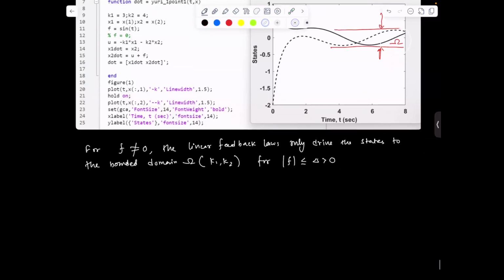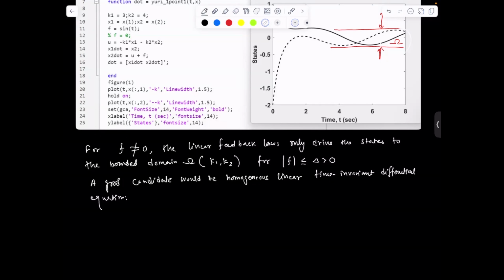So let us consider, or we can write, a good candidate would be a homogeneous linear time invariant differential equation.